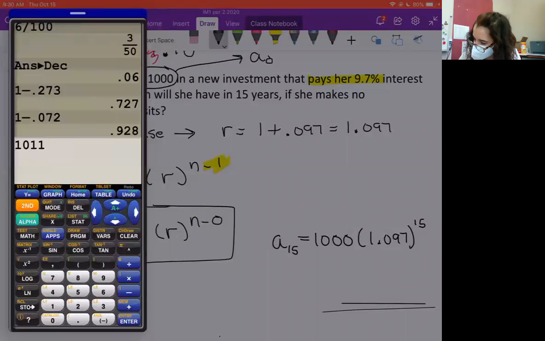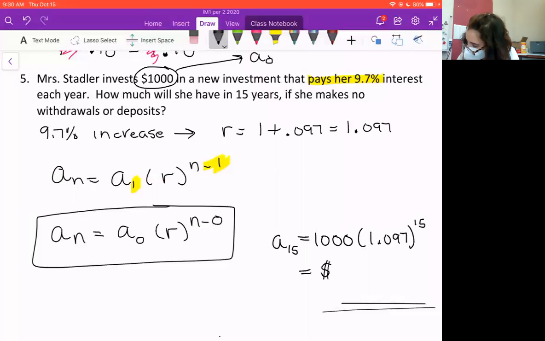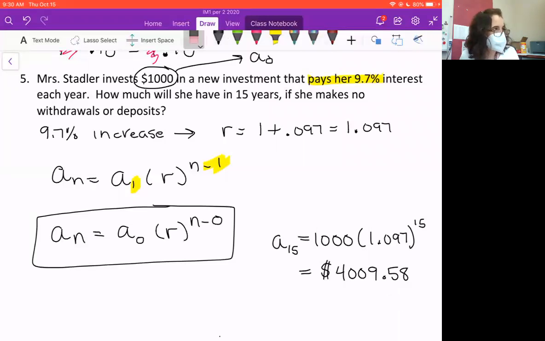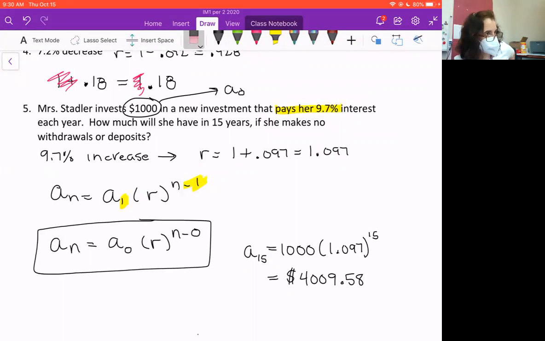So I could do 1,000 times 1.097 raised to the 15th power. At the end of 15 years, rounding to 2 decimal places because this is money, I'm going to have $4,009.58. Not bad. I've got more than 4 times the amount I started with, and it was just sitting there. Of course, it was 15 years, but again, it was just sitting there.